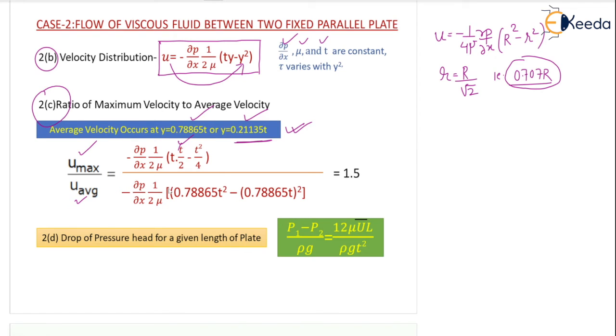So if you calculate, definitely this thing will cancel, correct? T square also cancels. So 1 by 2 minus 1 by 4 will be there in numerator, and in denominator you can see 0.78865 minus 0.78865 square. If you calculate, you will be getting a value nearly equal to 1.49, 1.45.